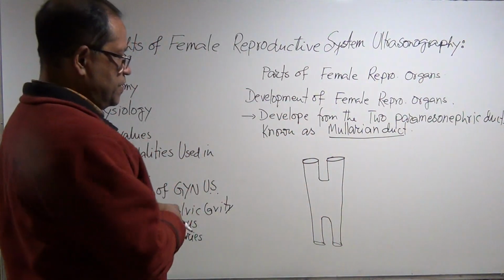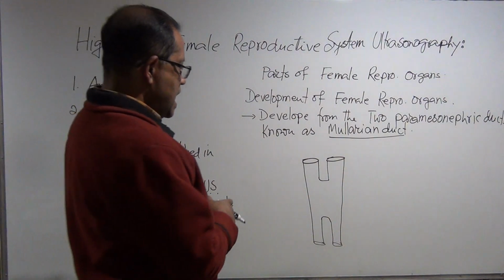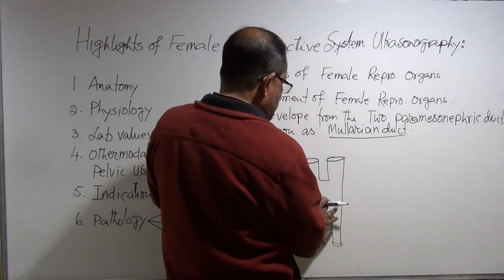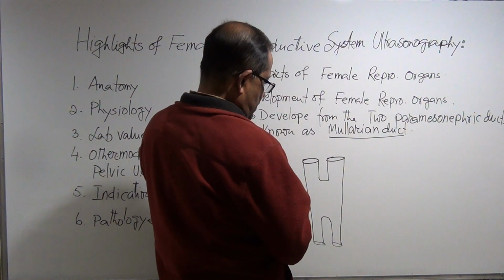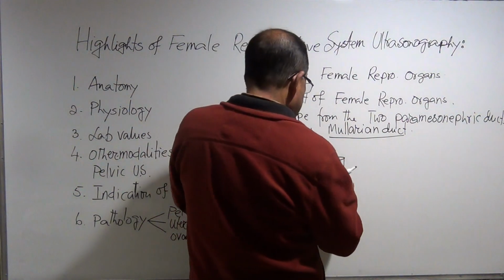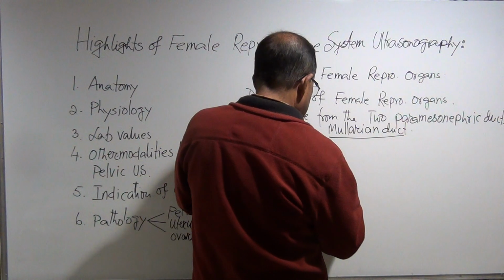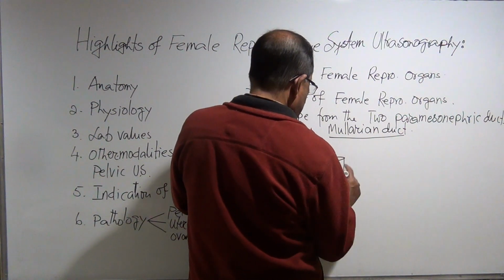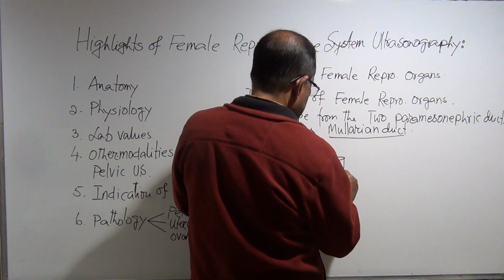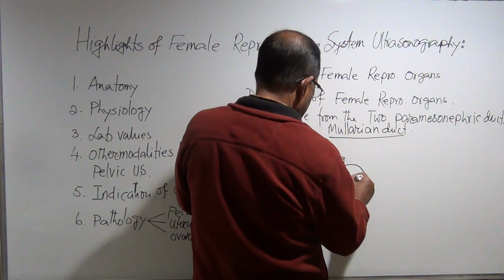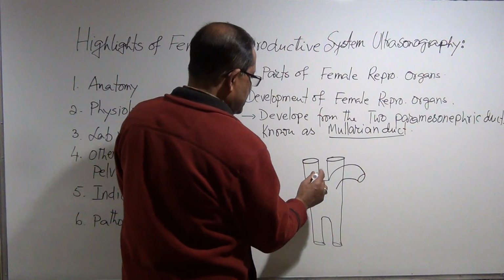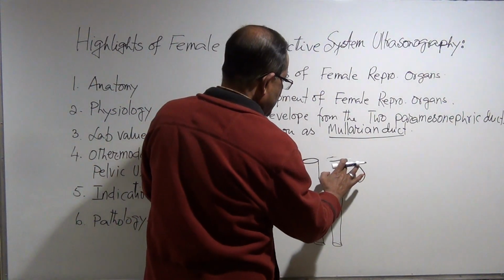They fuse together and form the uterine fundus and body, and this part of the Mullerian duct will turn into the fallopian tube.